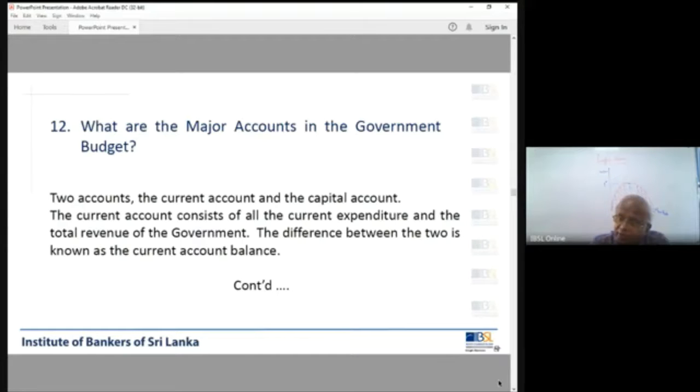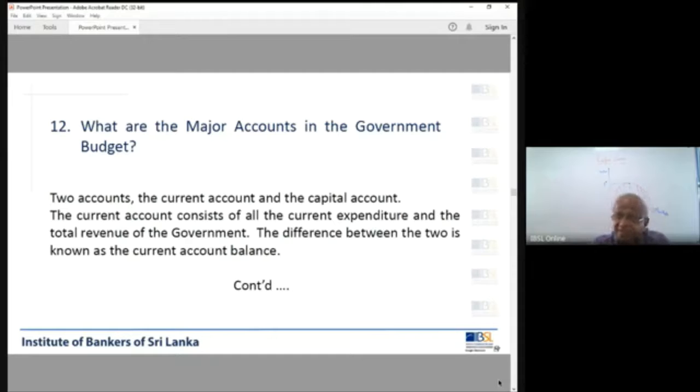How do you calculate the current account balance? Total government revenue minus current expenditure. Not the total expenditure. Total revenue minus total expenditure is the budget deficit or surplus. But in this case, total revenue minus current expenditure gives you government savings, the current account balance.